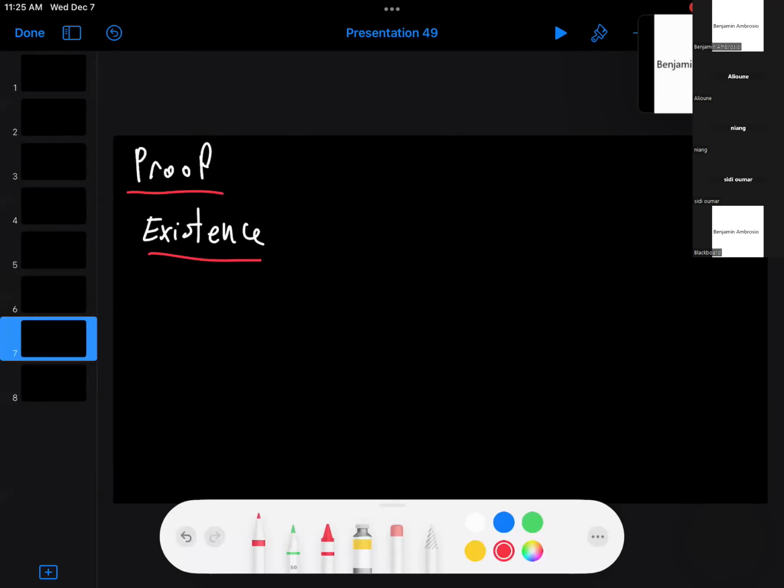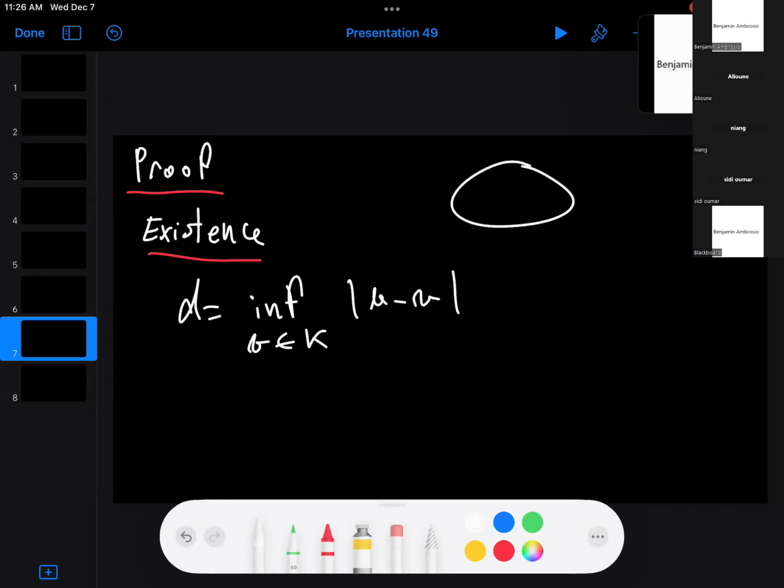All right, so we are going to prove that there does exist a u star in K such that the norm of u minus u star is the infimum of the norm of u minus v for v in K. For that, first of all, let d be this number.